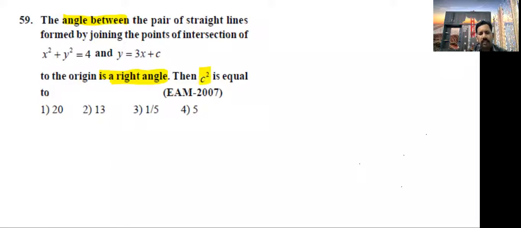Then find c square value. First take the line y is equal to 3x plus c. Now we can write y minus 3x is equal to c, and sending c to the left hand side, we get (y minus 3x) by c is equal to 1.